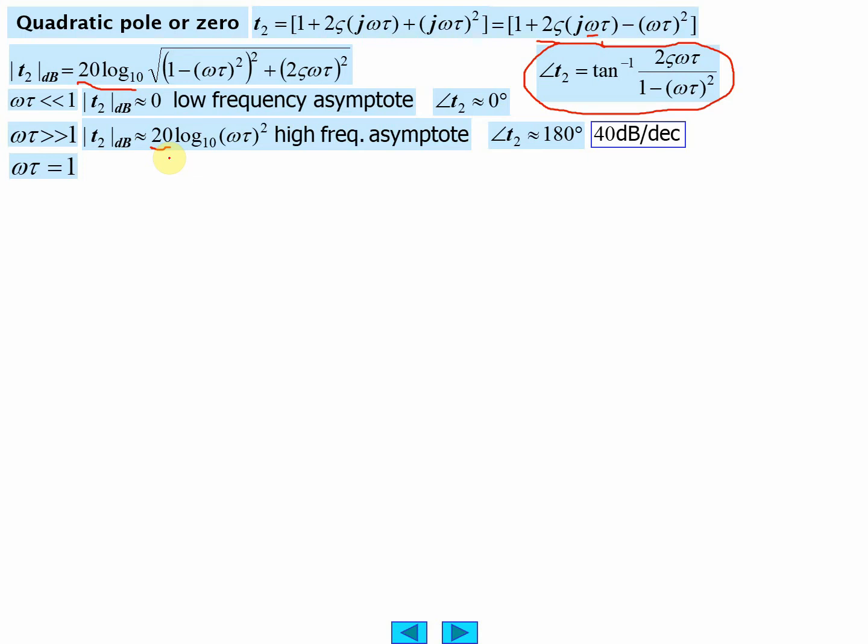When omega tau equals 1, then we have a dB, and decibels are on a log scale, by the way. So it says the magnitude in decibels. You're taking the logarithm of the magnitude.